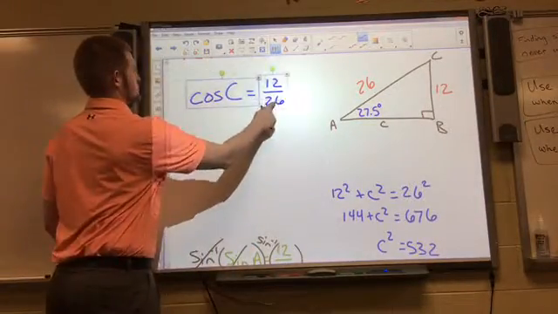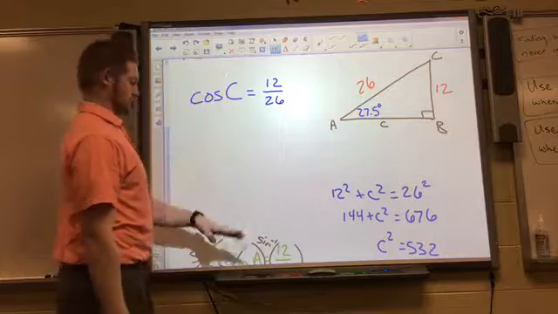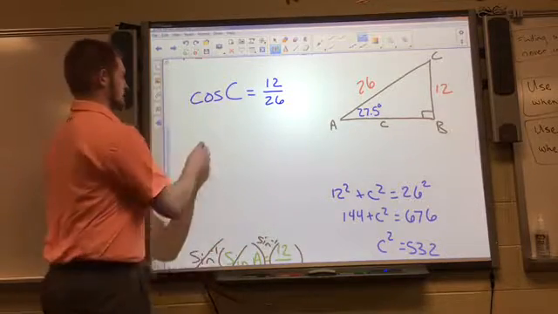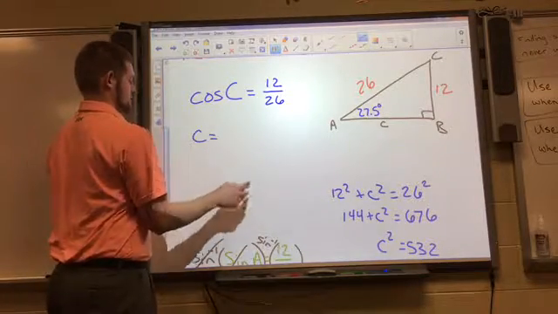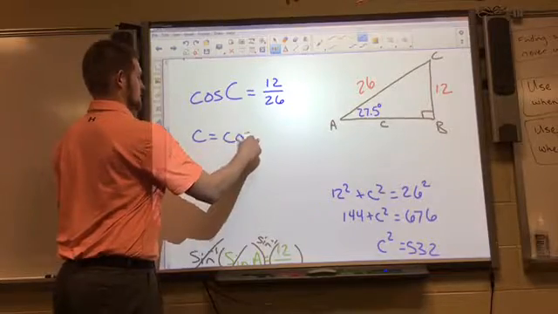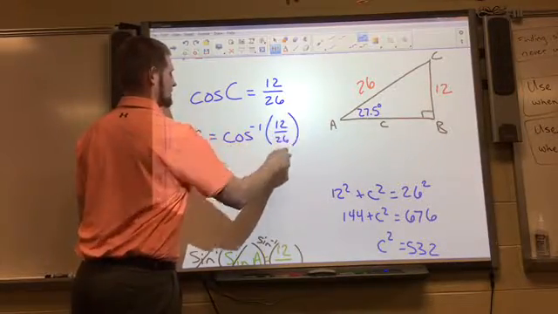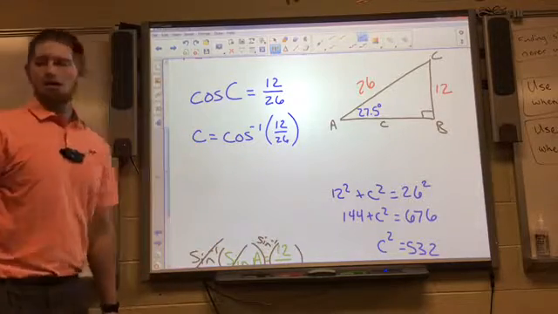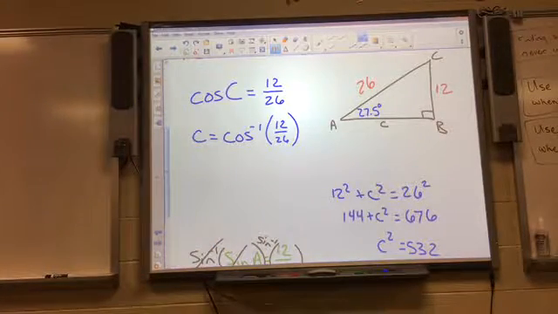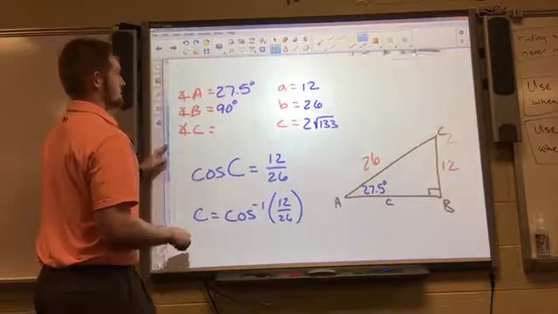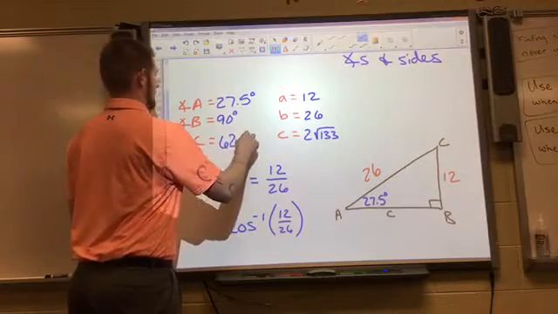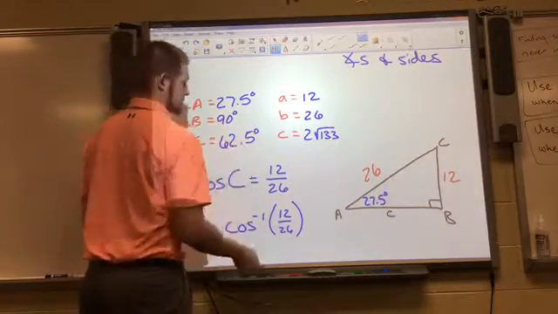Most of you aren't going to have to do as much work as we did on this one. I'm going to have that C equals the inverse cosine of 12 over 26, correct? And inverse cosine 12 over 26 gives me 62.5 degrees.